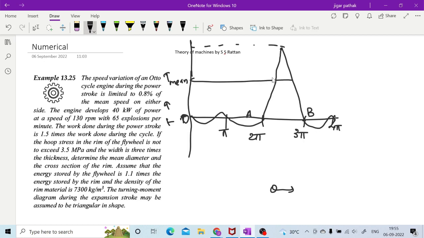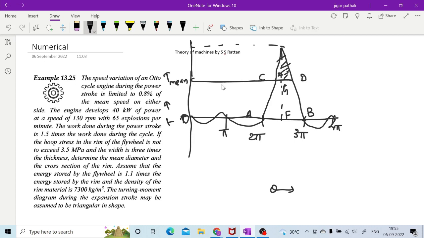So here A, B, C, D, and you can have this G and F. So this triangle is the excess energy. It is not that big in my figure, but actually it is 1.5 times whatever is given in our data, right? So 1.5 times the work done during the cycle.